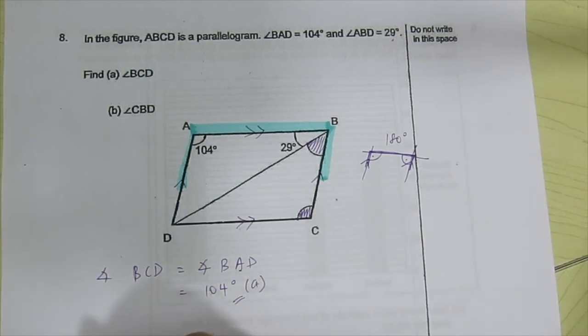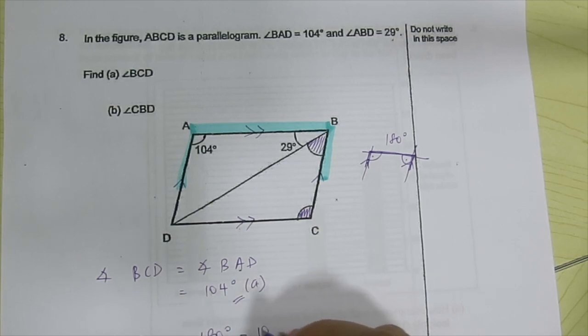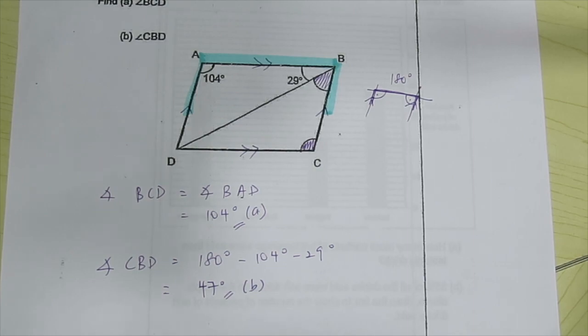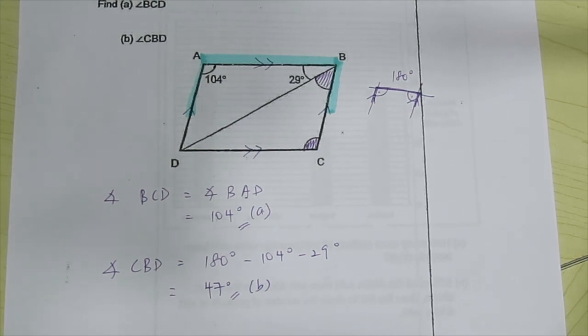So angle CBD will be equal to 180 degrees minus 104 minus 29, which is 47 degrees. That's for part B.